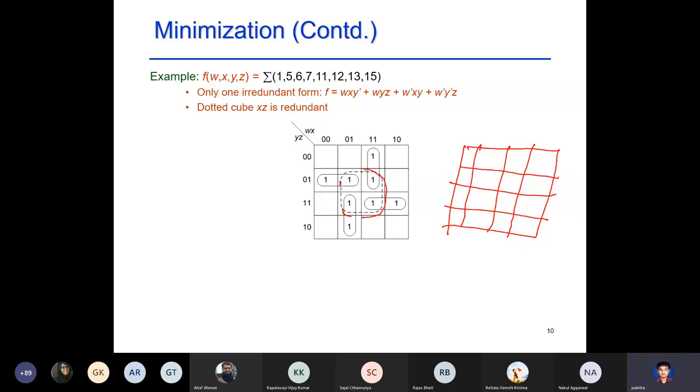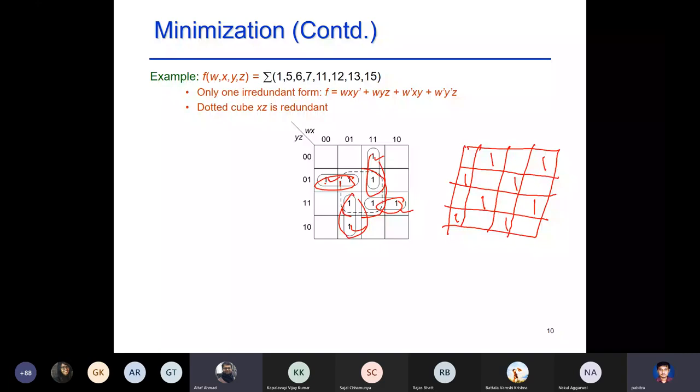Okay, all right. So what about this Karnaugh map? Can it be minimized? Any of you? Can I minimize this Karnaugh map? No, sir.